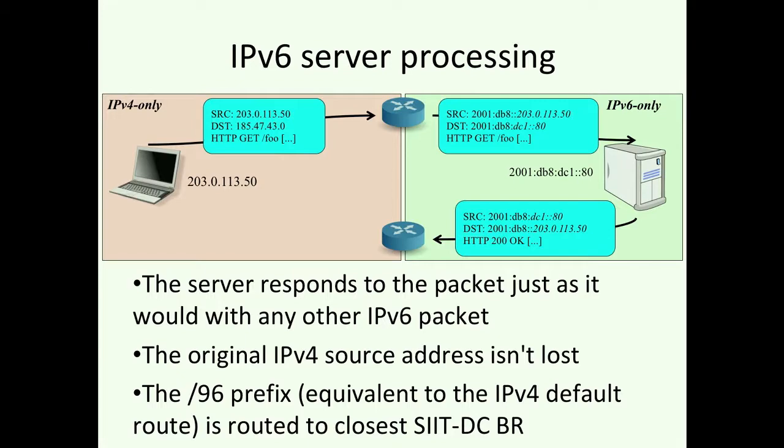And now there's the trick, which is that this /96 prefix, 2001:db8 in this case, is also routed to these border relays. And it doesn't have to be the same border relay. It can be any other border relay because there's no state kept. It's just a packet-by-packet stateless operation.